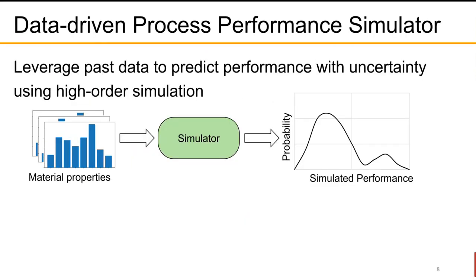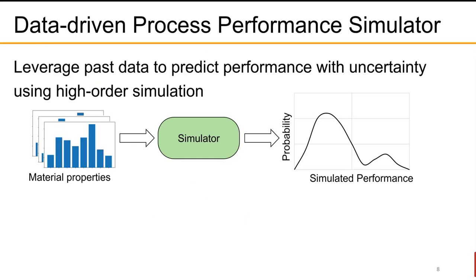So the type of method that we're going to use in this work to represent those material transformations is actually to look at a simulation framework using high order simulation, where we can predict the performance of our mineral processing with some nice advantages.